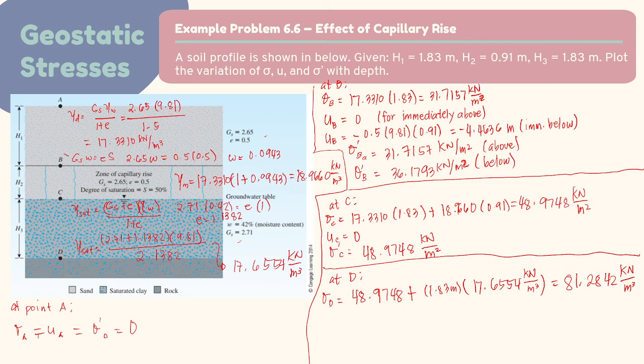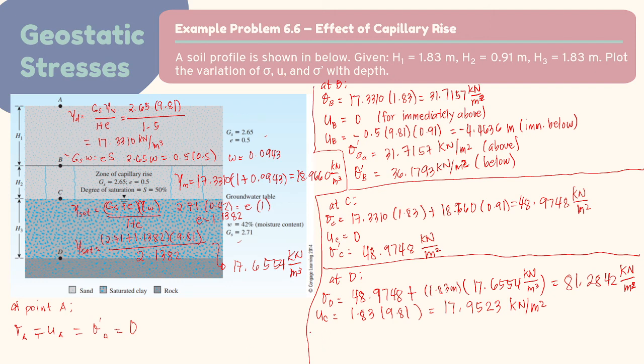And for the pore water pressure at D, we only have 1.83 times 9.81, which is equal to 17.9523 kilonewton per square meter.